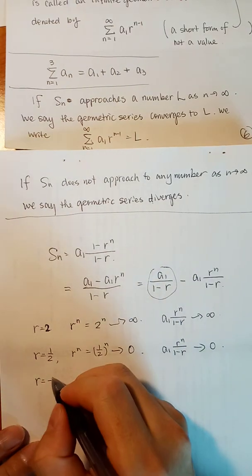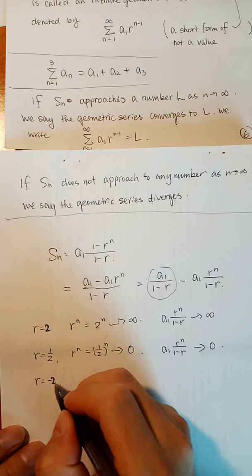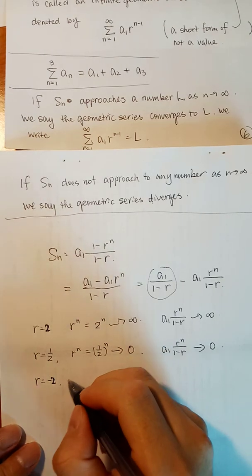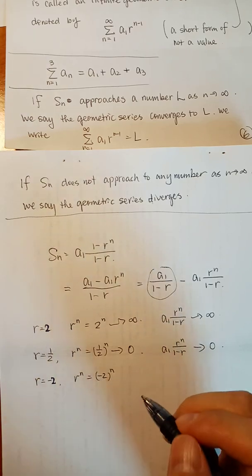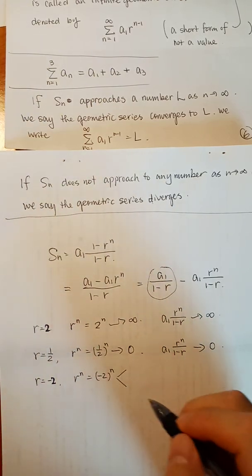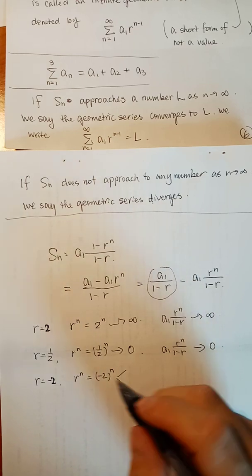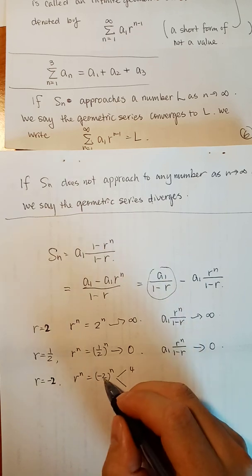For example, we choose -1, the simplest one. Actually, let's choose -2. If we choose -2, you have r to the n is -2 to the n. -2 to the n has some problem. Sometimes it's positive, sometimes it's negative. When n is 2, you have 4, since -2 squared is 4.